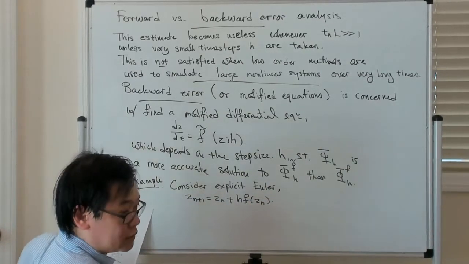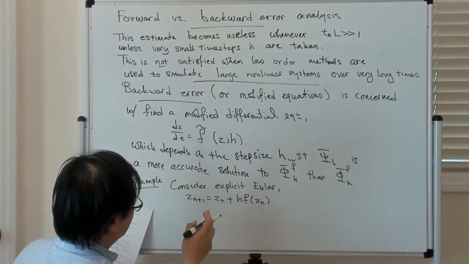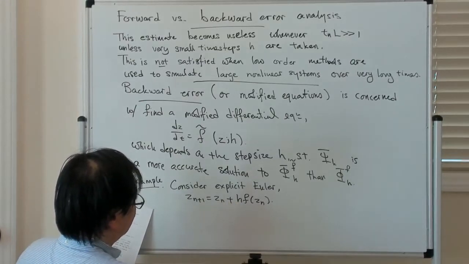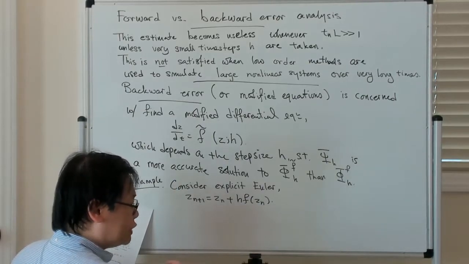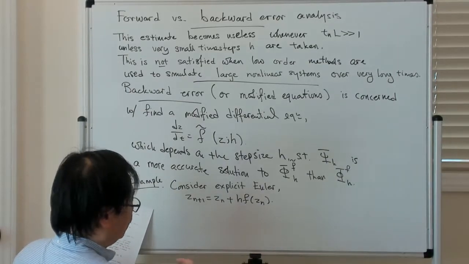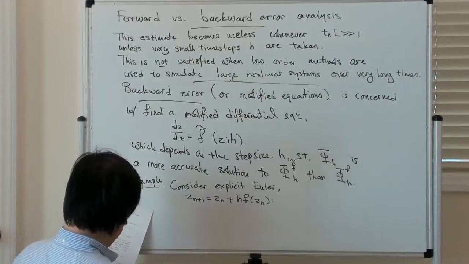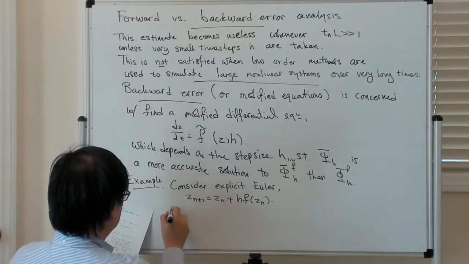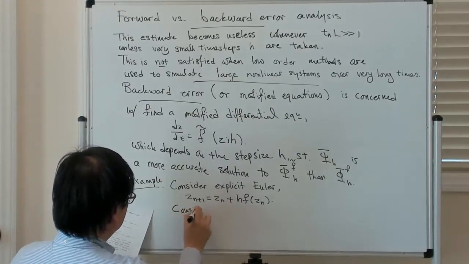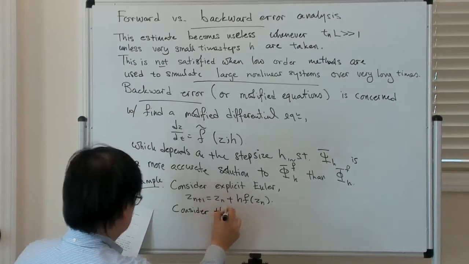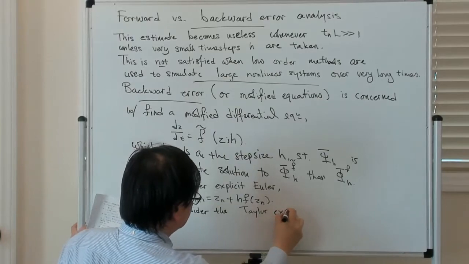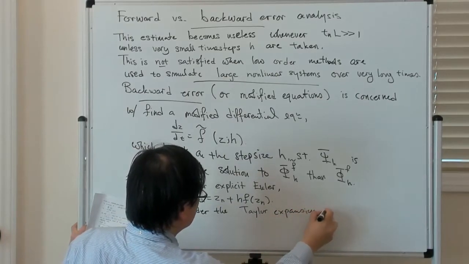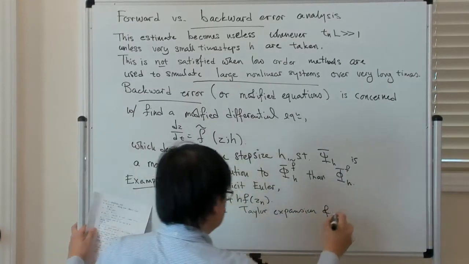Of course, explicit Euler is a first order accurate approximation of the flow map. So let's consider the Taylor expansion of the flow map.